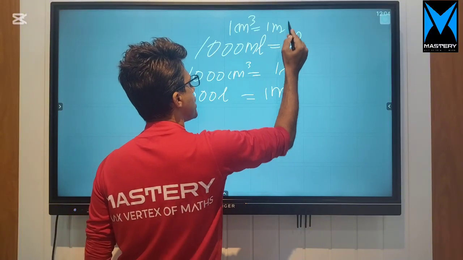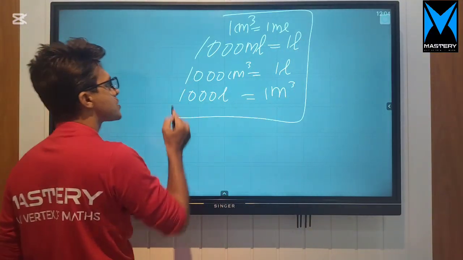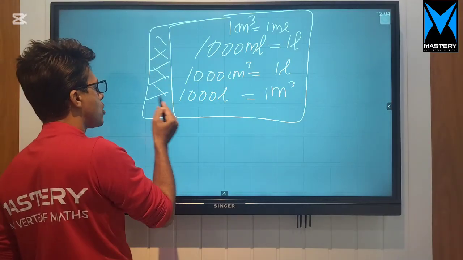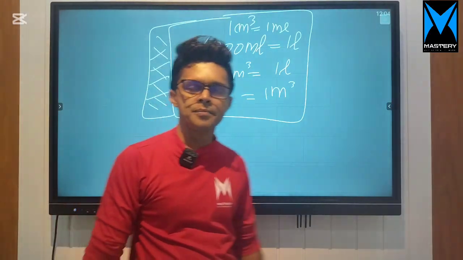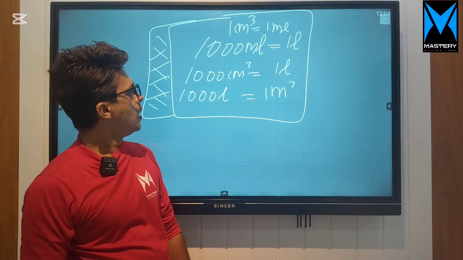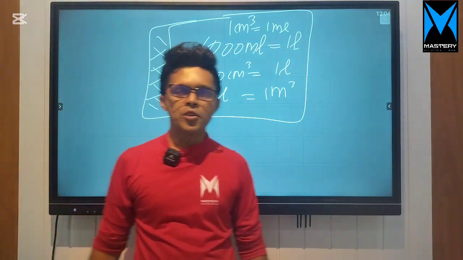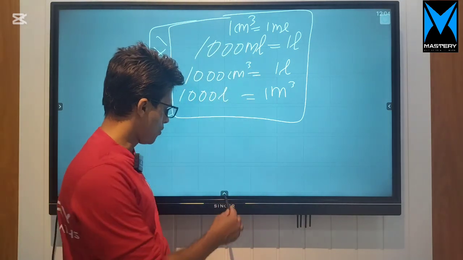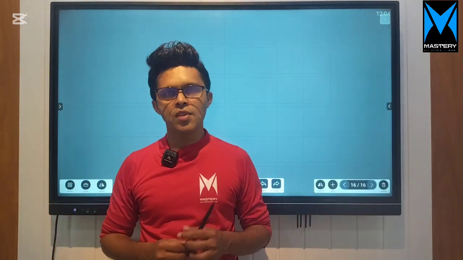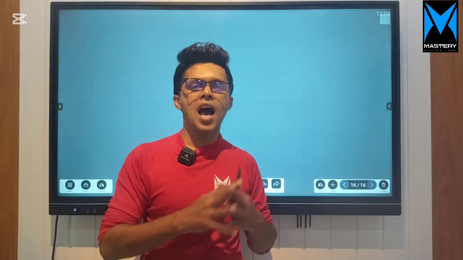When you know these relations, any given question can be solved. We will be doing more questions right now. You can get the volume of a cuboid as well, by multiplying length, breadth and height.